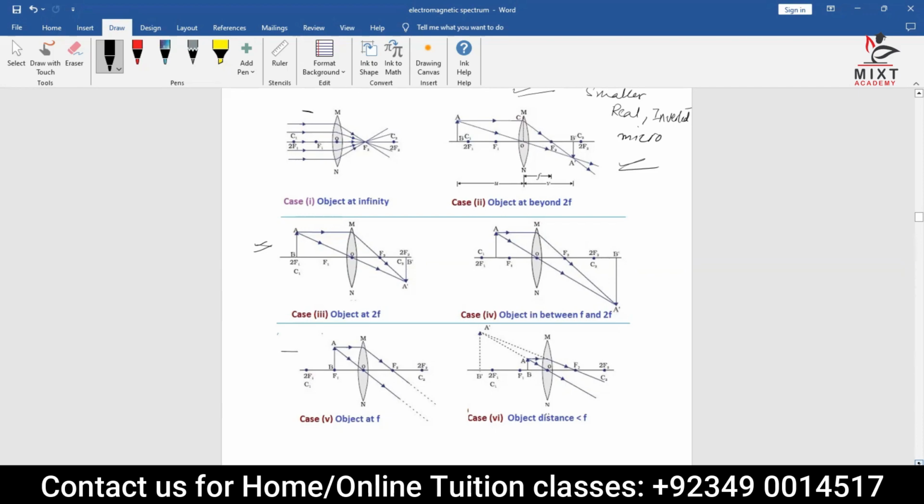In that case, we believe that image size is very large or enlarged, and it will be real and inverted. And the last case is when object is placed within focal length, or you can say between F and optical center, the image will be formed at the same side of the lens where the object is. And this will be enlarged or magnified, and it will be virtual and erect.